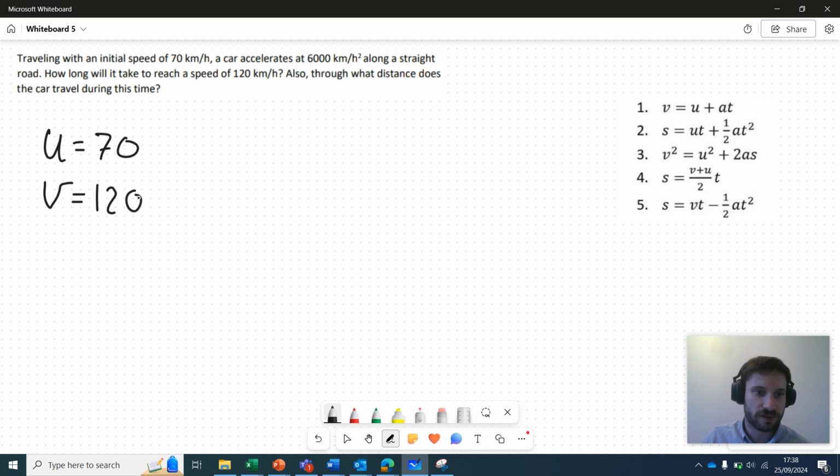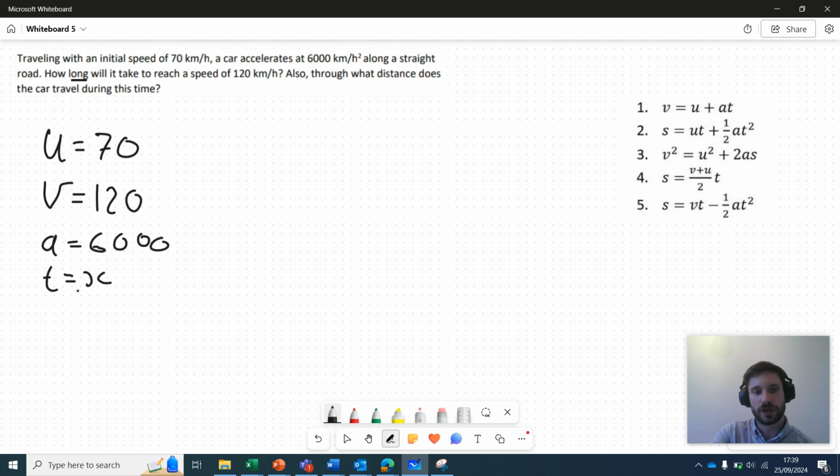That it has a final velocity of 120, that it has an acceleration of 6,000, and it's asking for the time. Firstly, so let's say t is equal to x, since it's unknown.